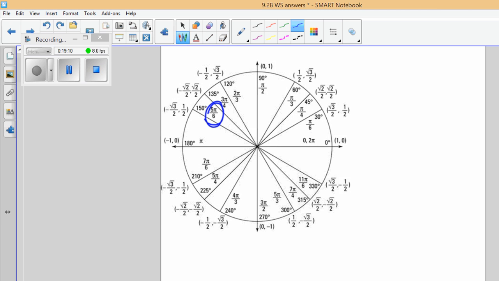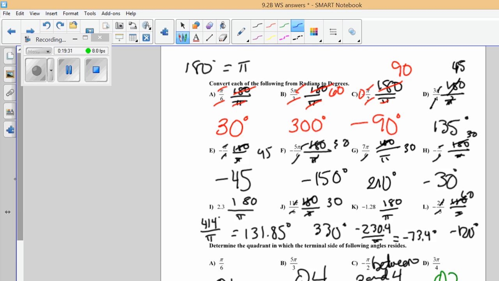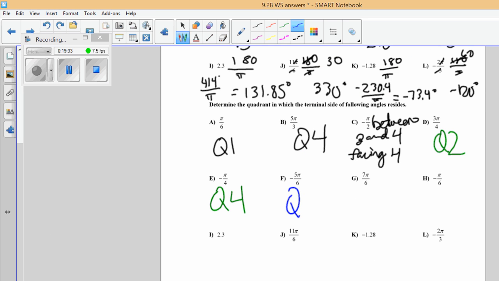So instead, what I need is negative 150 degrees. That is 30 units up here. So if I go negative 150, I go right here. What quadrant am I in? I am in quadrant 3. See, these are not meant to be tricky. They're just meant to get you thinking.